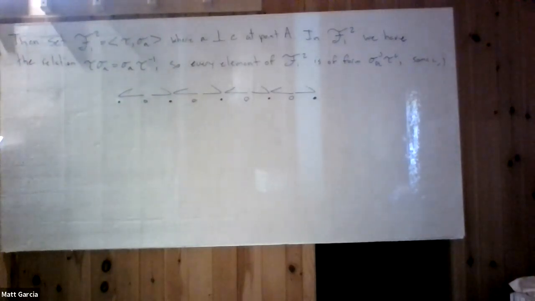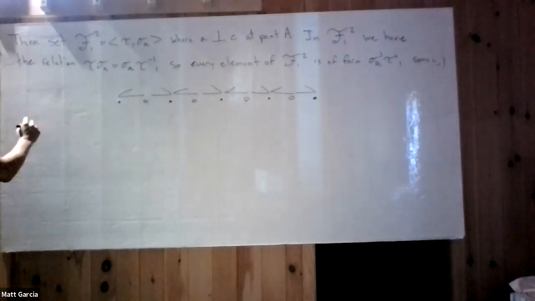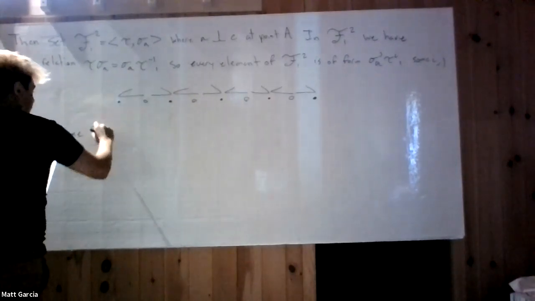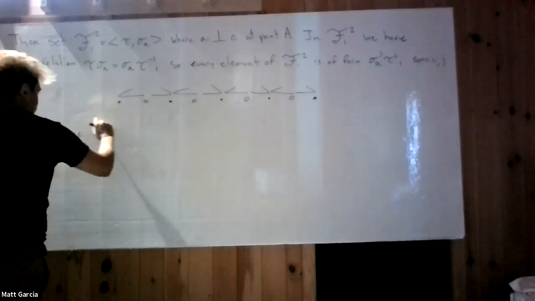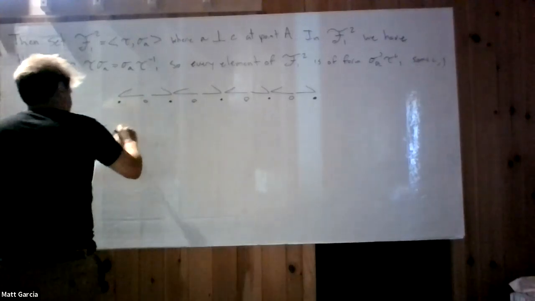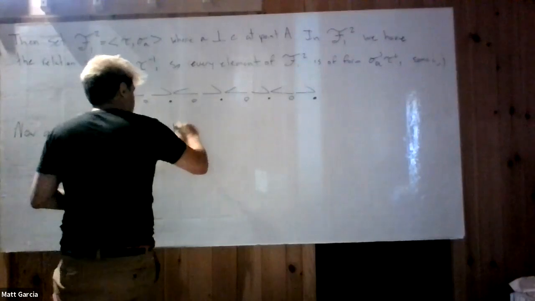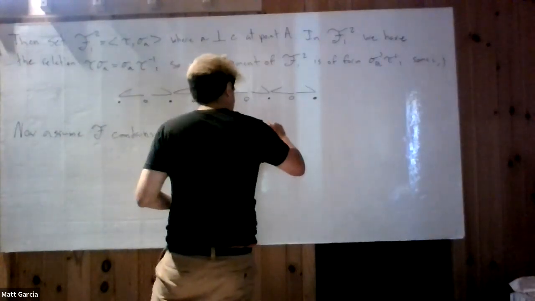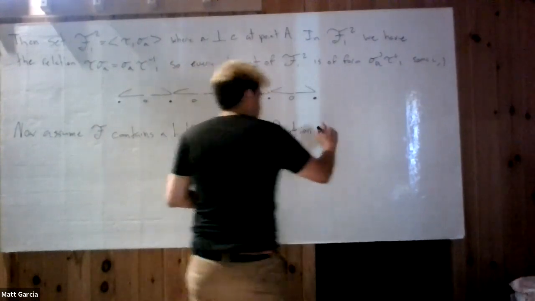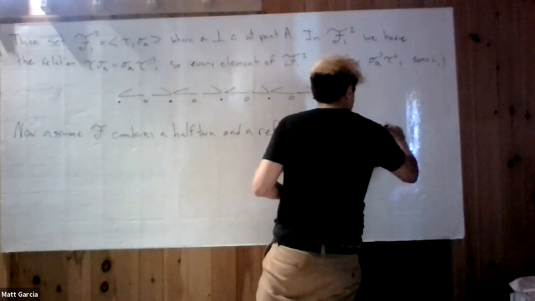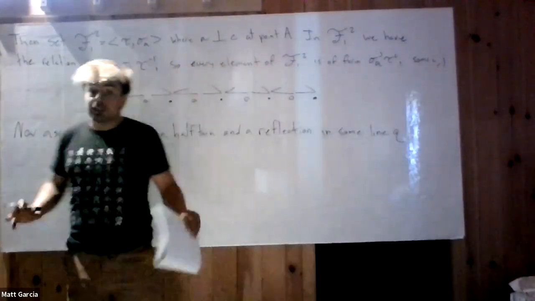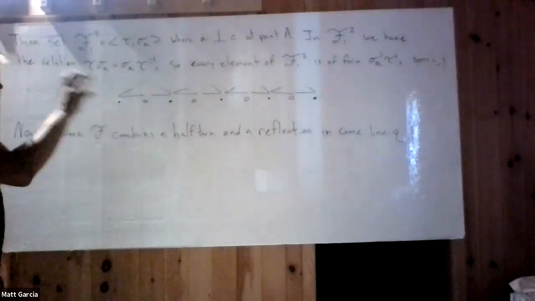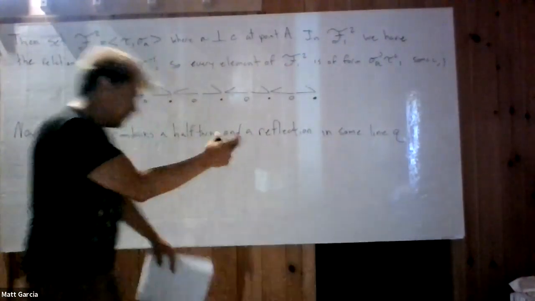Okay, so let's start by supposing, assume F contains a half turn and a reflection in some line Q. No assumption here about Q's relationship to C, but we've actually covered a fair number of cases that we'll enumerate now.